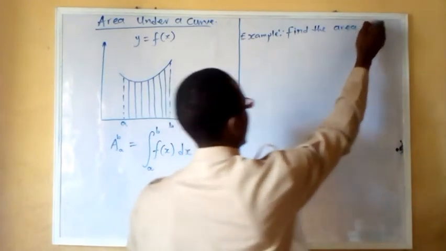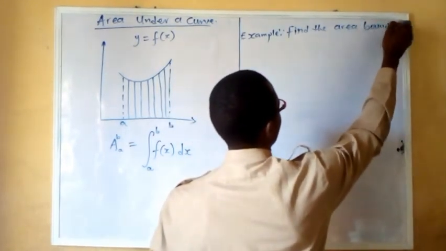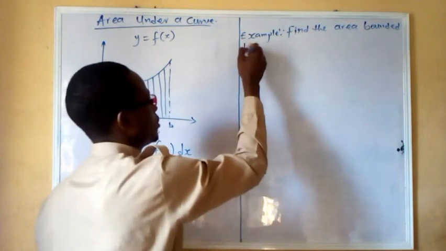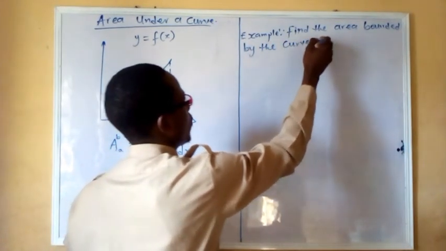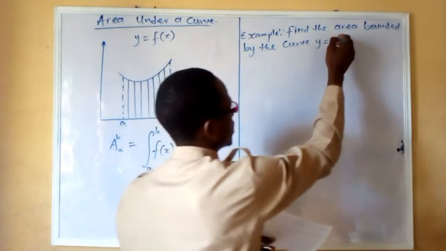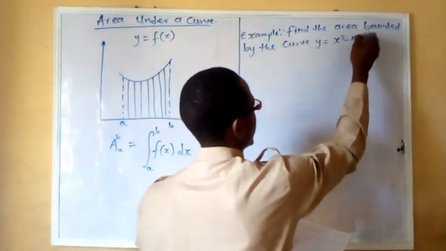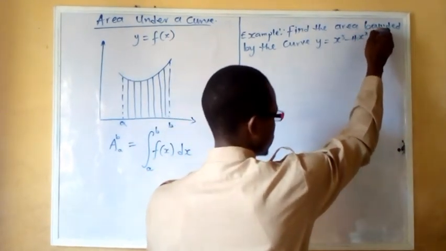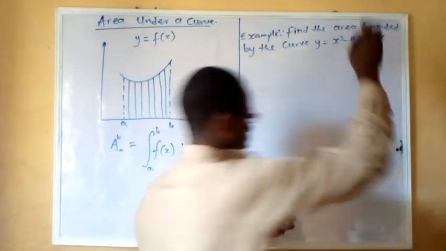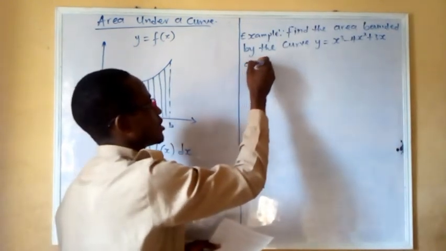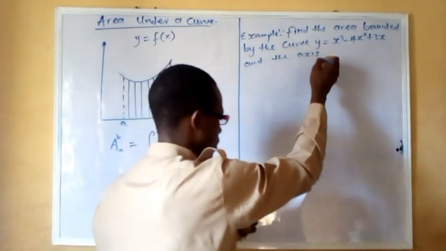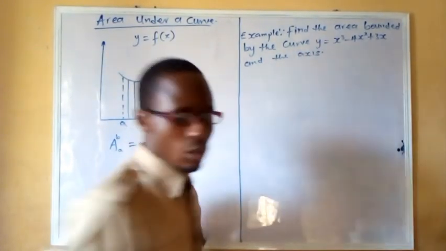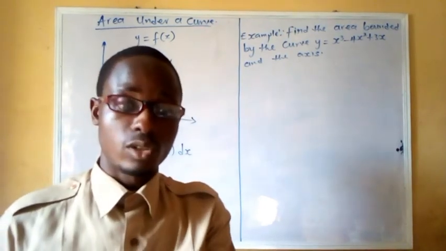Find the area bounded by the curve y equals x cubed minus 4x squared plus 3x, and the x-axis. So that's what the question is talking about.